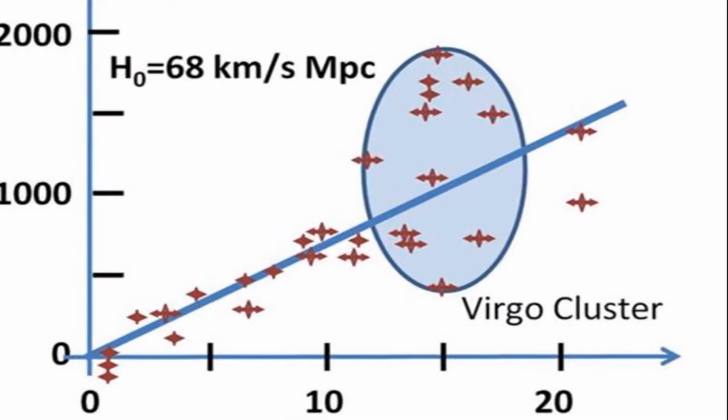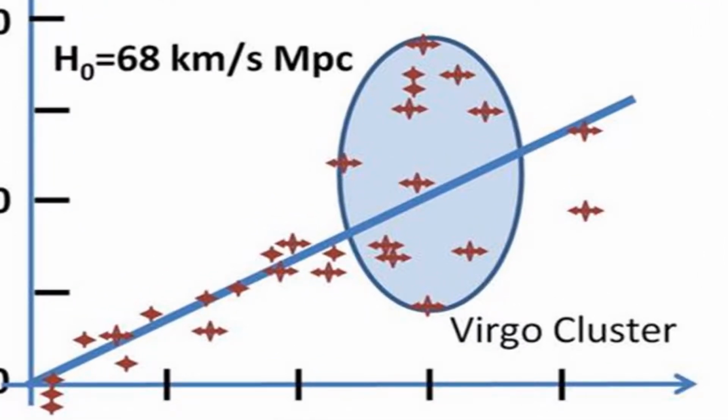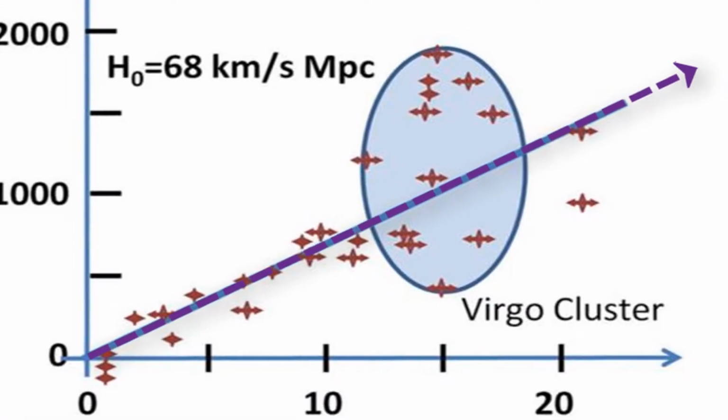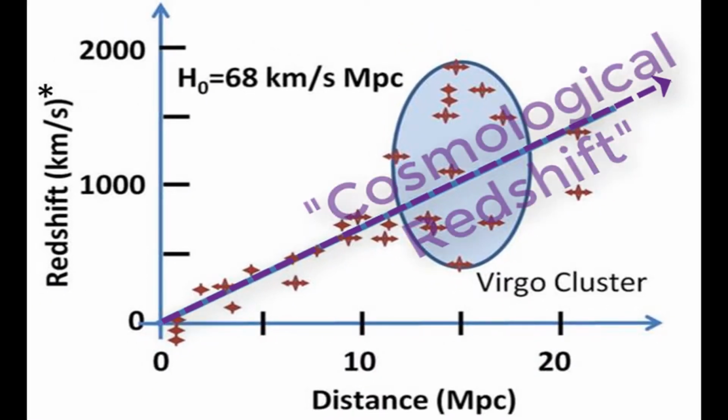In order to prevent these galaxies from traveling faster than the speed of light in the model, scientists looked to the correlation of redshift per distance, which had become known as Hubble's law, and gave it a new specific name, cosmological redshift.